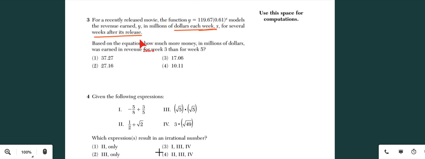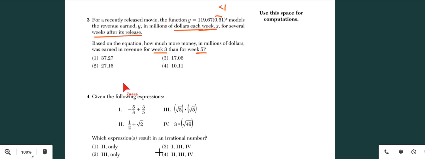Based on the equation, how much more money in millions of dollars was earned in revenue for 3 weeks than for 5 weeks? Why would it be more in revenue for 3 weeks? Because the rate factor is lesser than 1, and when you take its power, it will decrease. It is basically an exponentially decreasing function.